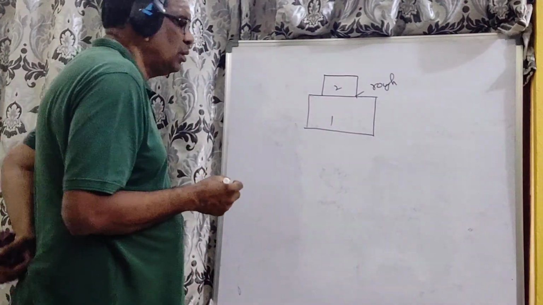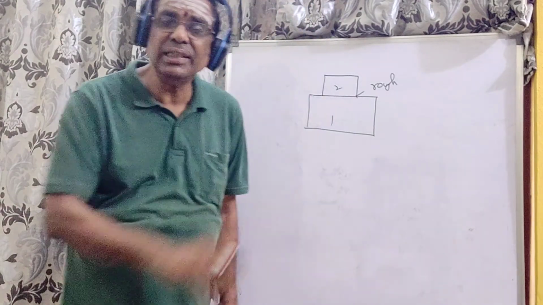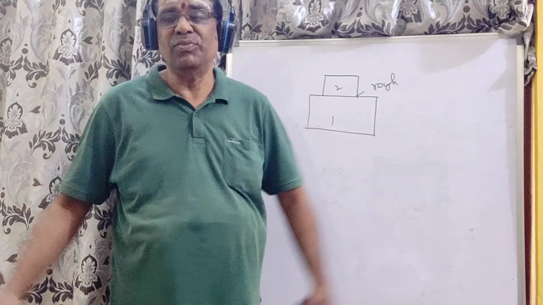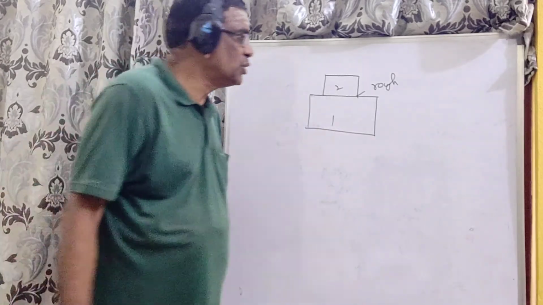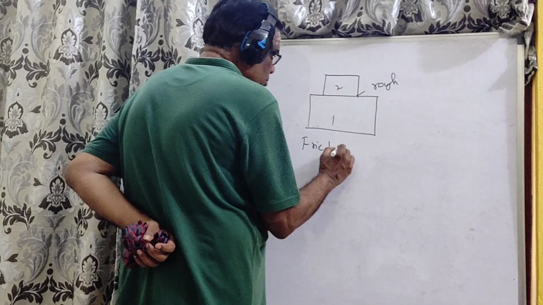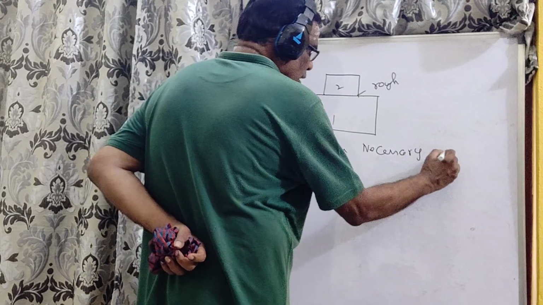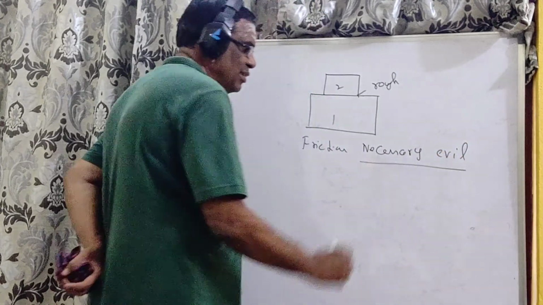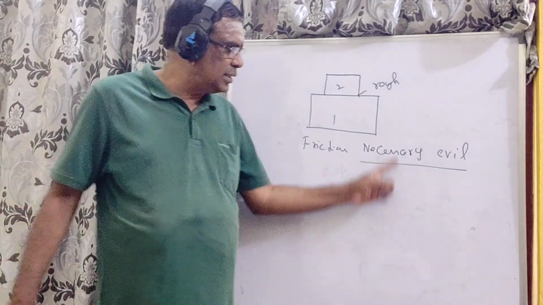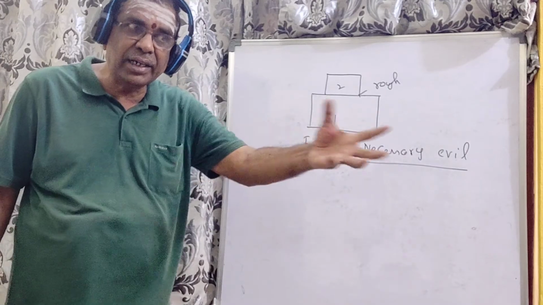Now, as I said, friction is necessary, but you can't bear it if it is too much. So, we call friction a necessary evil. Beautiful words, isn't it? Necessary, but evil. Required, you can't take more.